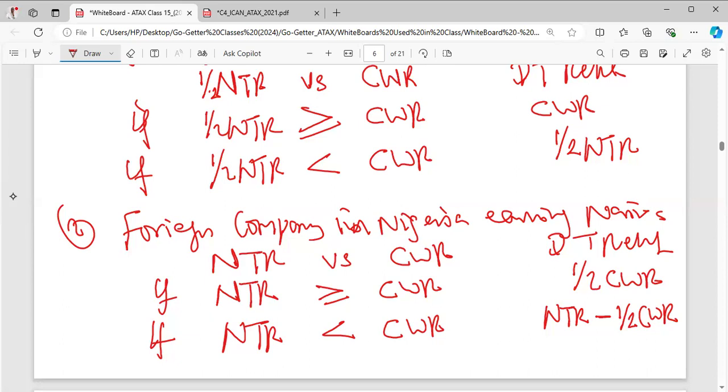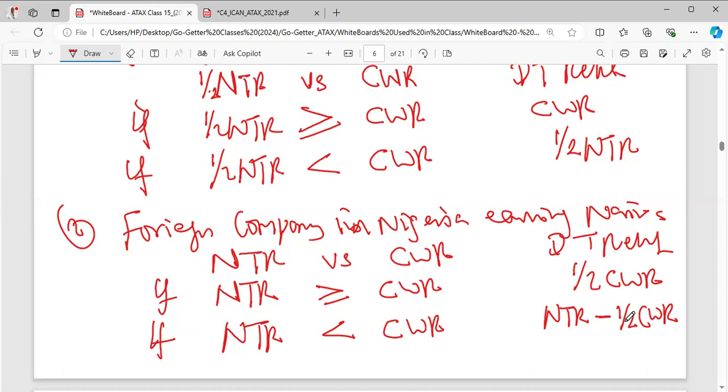Now, whichever is lower, if the foreign tax is lower, we will still use half of the foreign. So if Nigerian tax is lower, then you take the difference between Nigerian tax and half of the foreign tax.